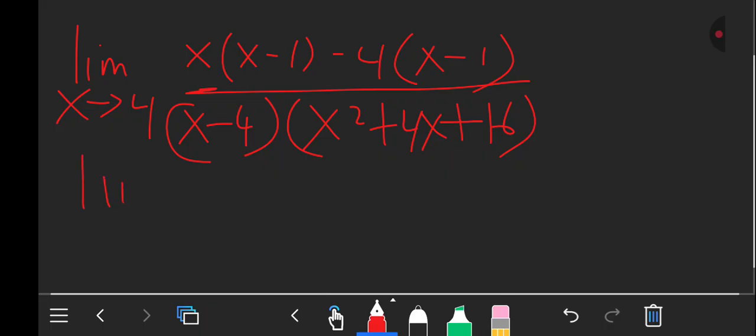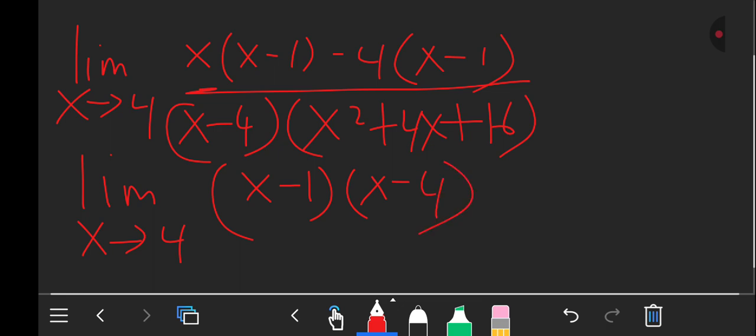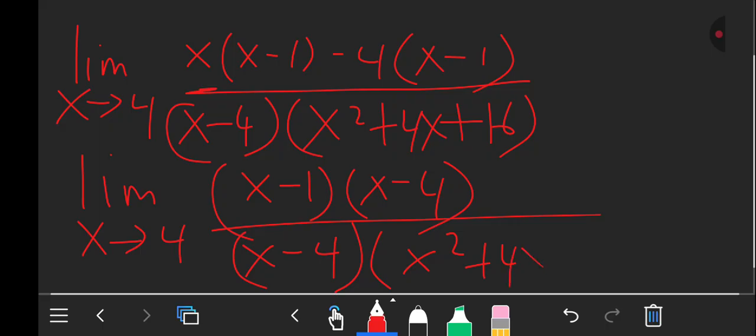So I can say limit as x is approaching 4. I can now group that in pairs, so it will be x minus 1, x minus 4 over x minus 4, then x squared plus 4x plus 16.